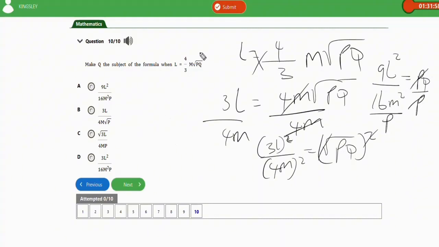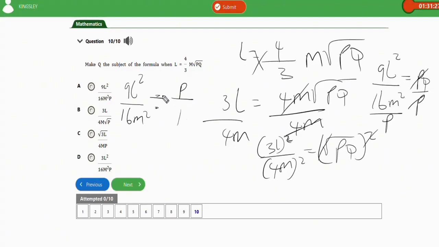Alright, so Q is now 9L square divided by 16M square. I want to show you guys that I will not make unnecessary errors. Let me write this way. Okay, so we have 16M square divided by P over 1.